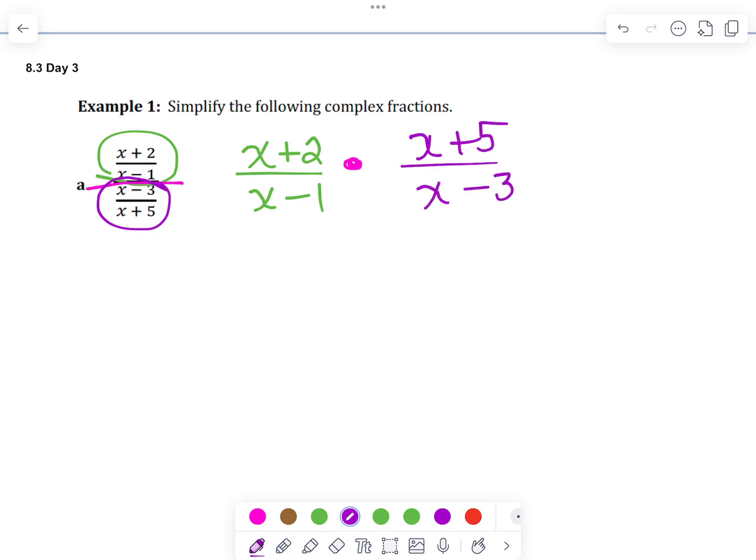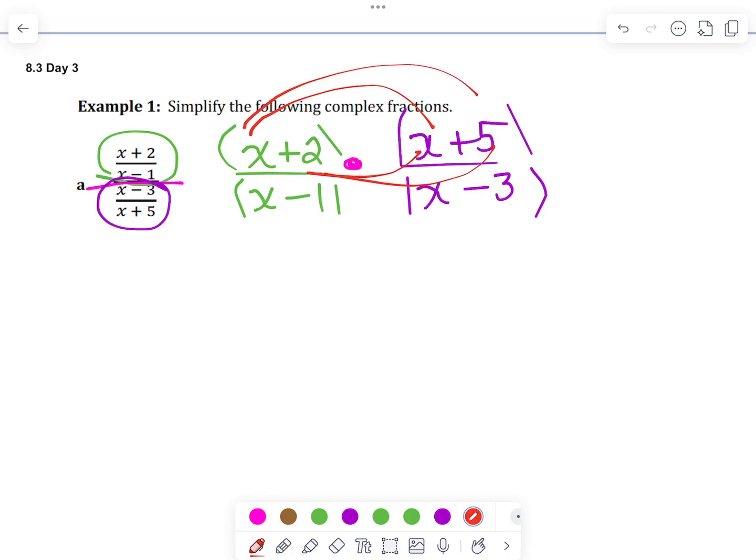And now we can go ahead and multiply across. So I'm going to just go ahead and put parentheses. Now we multiply across. So we're going to FOIL. So first, outside, inside, last. So we get x squared plus 5x plus 2x plus 10.